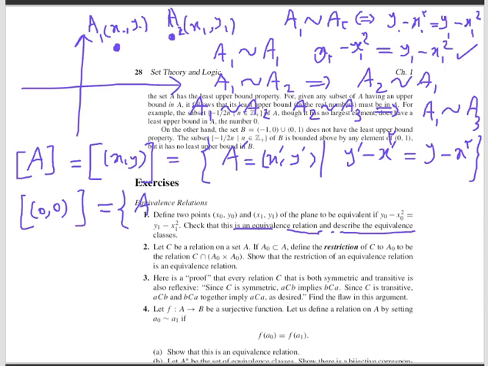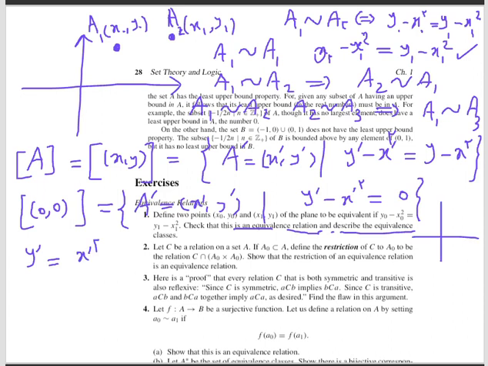We see that the points (x', y') are such that y' minus x' squared is 0. Then y' is equal to x' squared. This is the picture. I say O; the class of O is here.